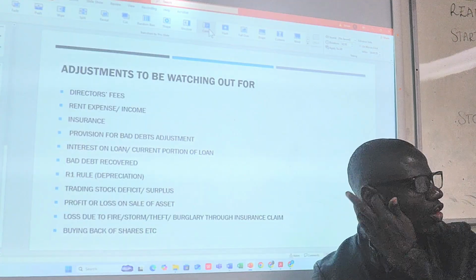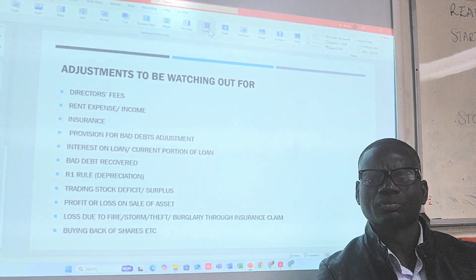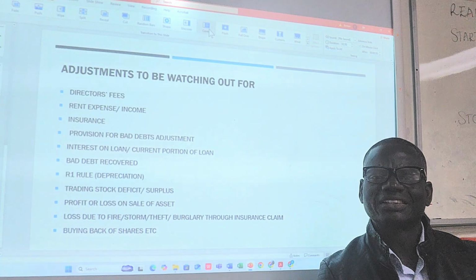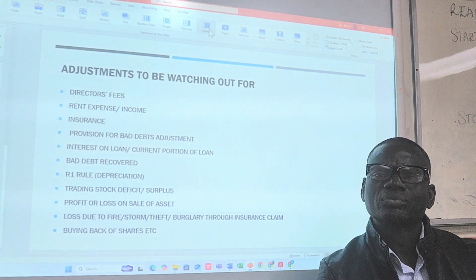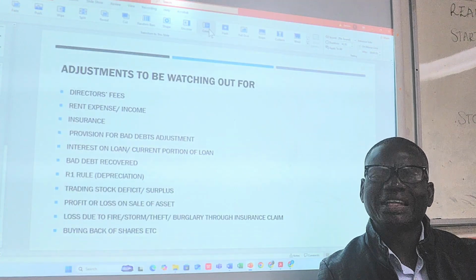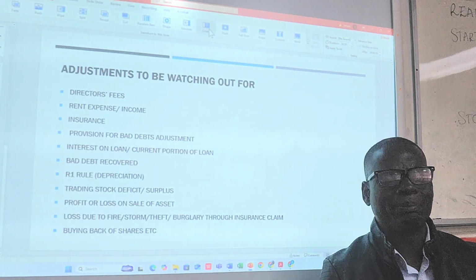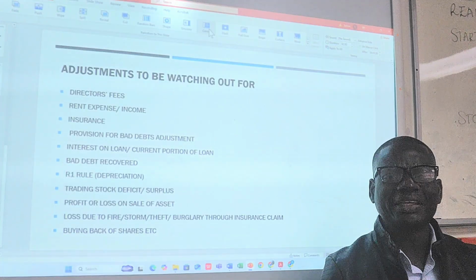Let's go to the bad debt recovered. They might give you a trick. They can give you a tricky question or adjustment that you receive cash from a debtor that has already been written off. Therefore, that one is no more a bad debt. That person is no more a debtor.